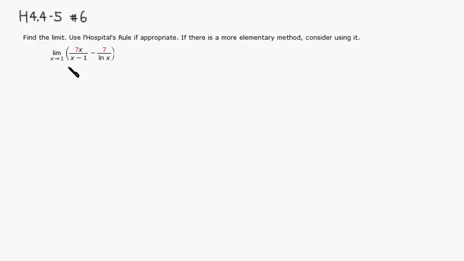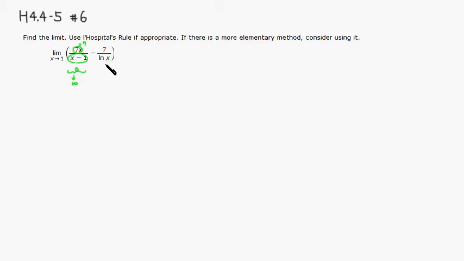If you plug in x equals 1, you have 0 on the bottom, and this is going to be 7, so this first term is going to infinity. It could be negative, but it's infinity.